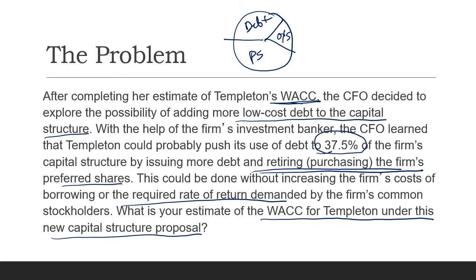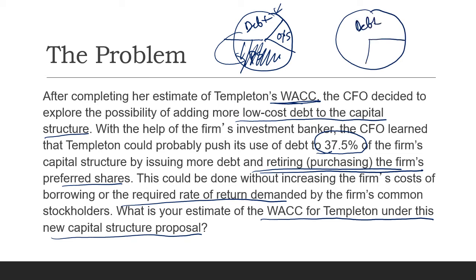What happened is that they want to retire the preferred stock by issuing more debt. The issuance of debt will buy over the portion of the preferred stock. So later the company's capital may exist only as two types of source, which are debt and the ordinary stock.